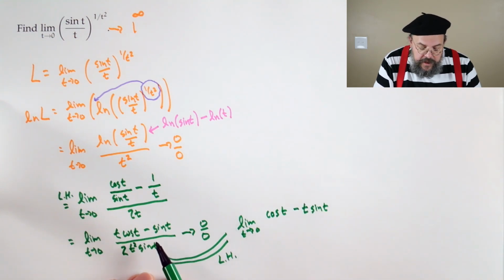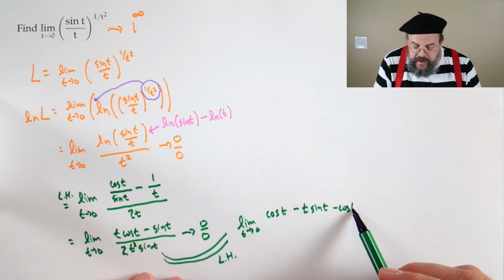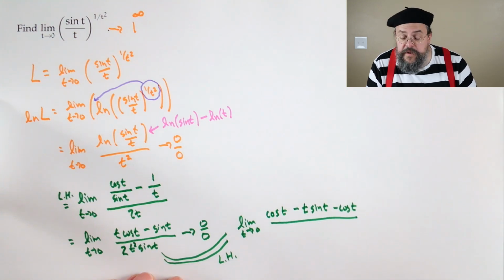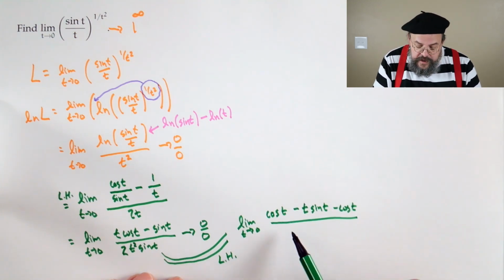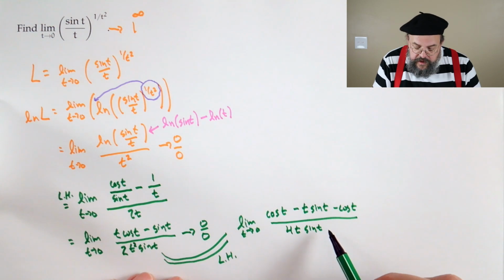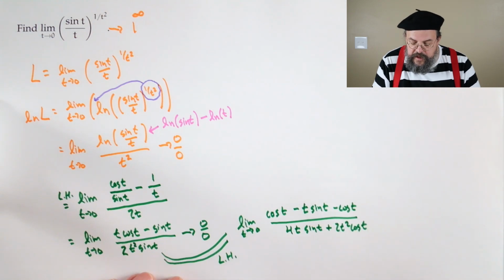And then, minus the derivative of sine. Well, the derivative of sine is cosine. And then all of that divided by the derivative of the first, 4t times sine of t, and then plus the first times the derivative of the second. So plus 2t squared times cosine t.